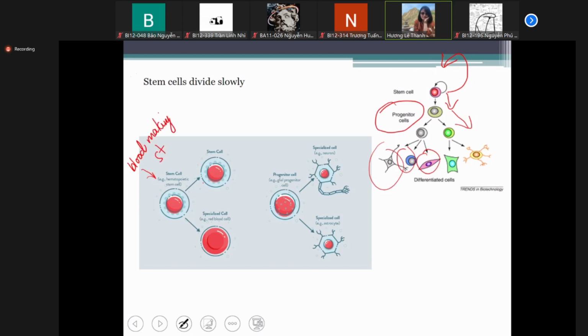In this case, when it divides, it produces one stem cell for storage, and another cell that is a specialized cell, just one red blood cell. This kind of division we call obligate asymmetric replication.